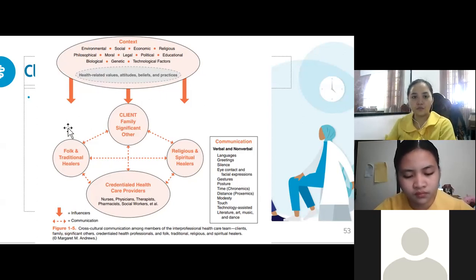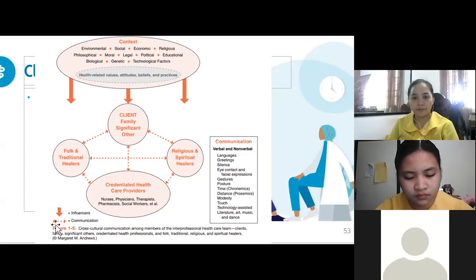Because of these people. Merong folk and traditional healers, merong healthcare providers, merong religious and spiritual healers. So itong lahat ng ito merong say sa kung ano yung nagfo-form sa health beliefs ng isang client.